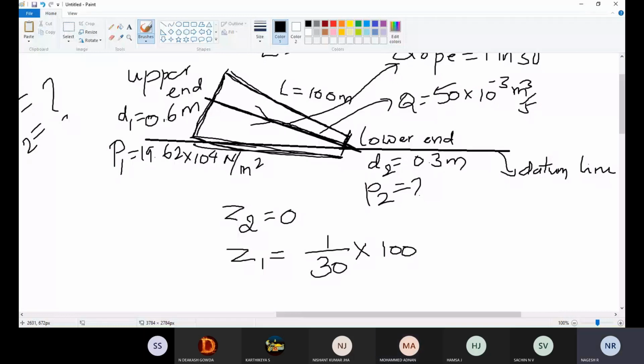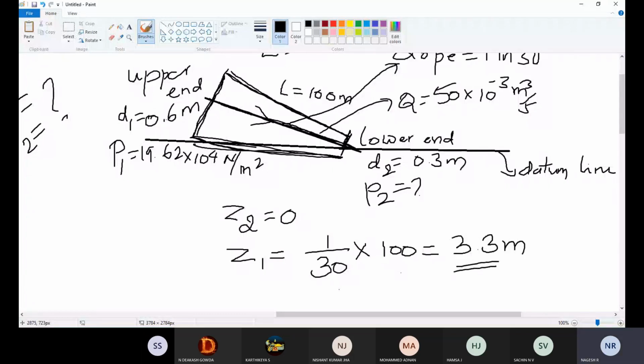So considering the slope and the length, what will be the answer? 3.33 meter will be the value of Z1.